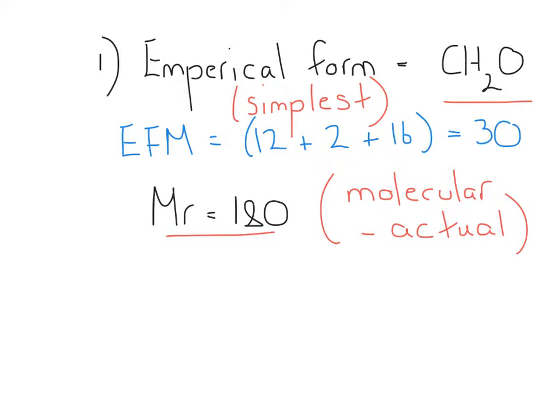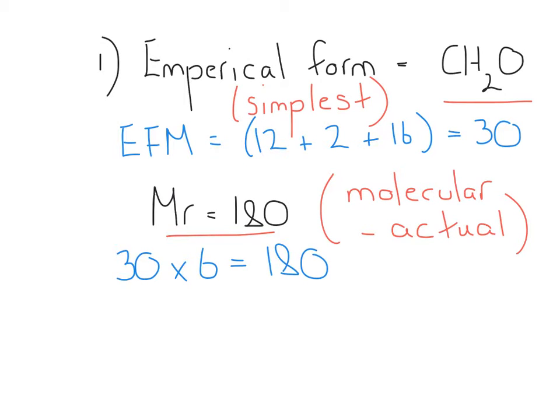30. Now, if we try to link the empirical formula mass to the molecular formula mass, the Mr, we'll see that if we take that empirical formula mass, which is 30, and multiply it by 6, we actually get the molecular formula mass, which is 180.